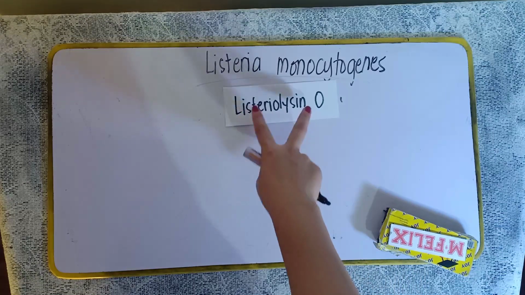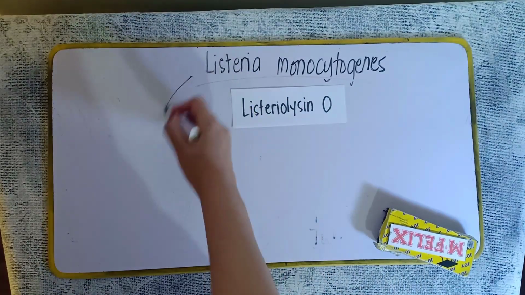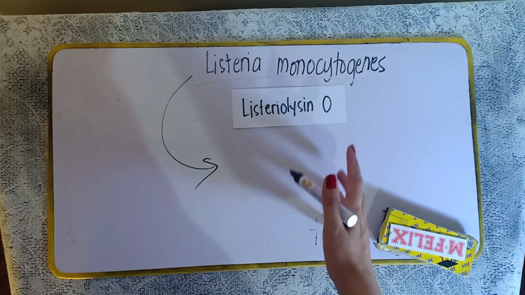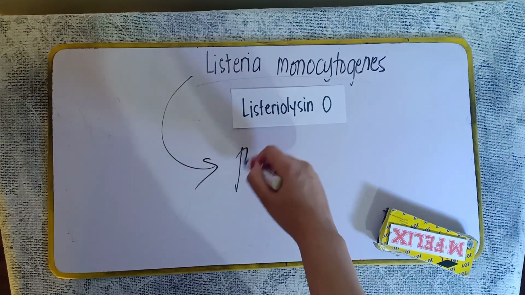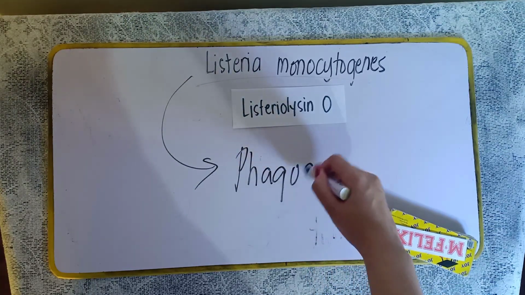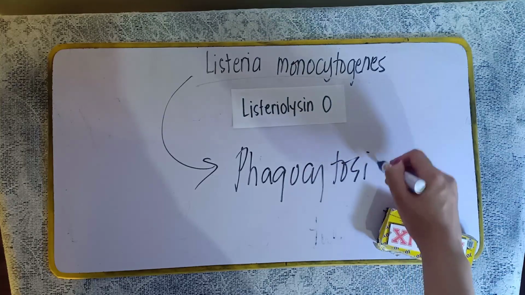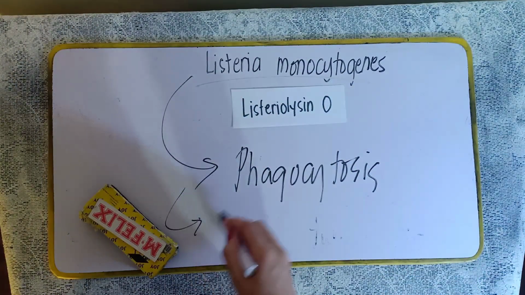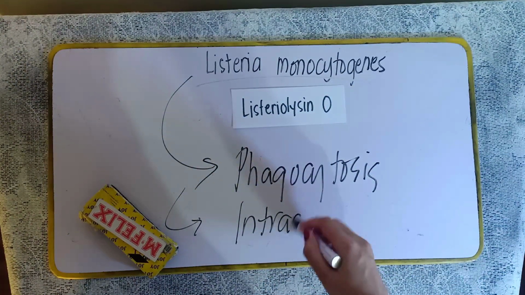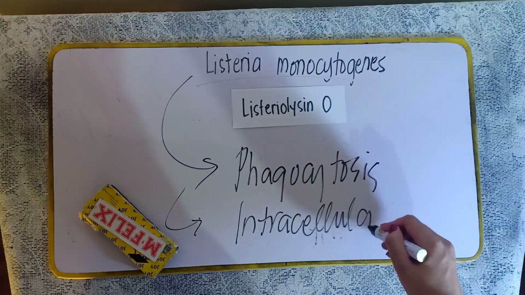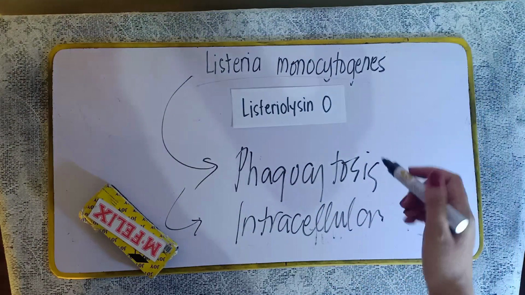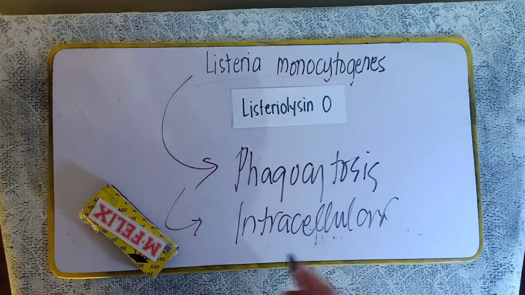So with that, to sum it up, your Listeria monocytogenes is actually capable of surviving phagocytosis. That is why we regard it also as an intracellular pathogen. Kasi kayang-kaya nilang makasurvive even sa loob ng ating mga phagocytes. Okay? Intracellular pathogen.